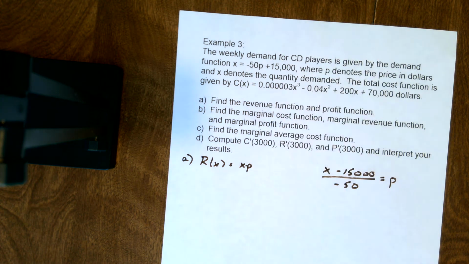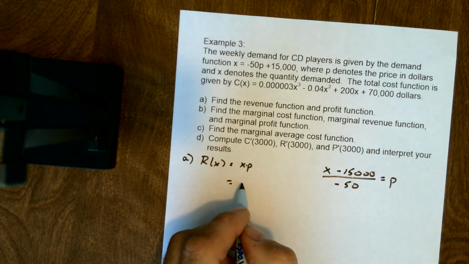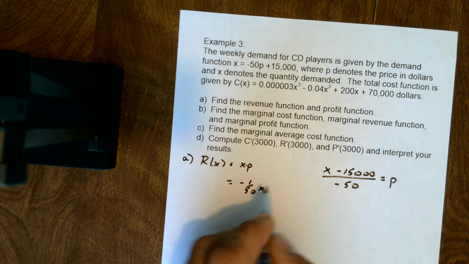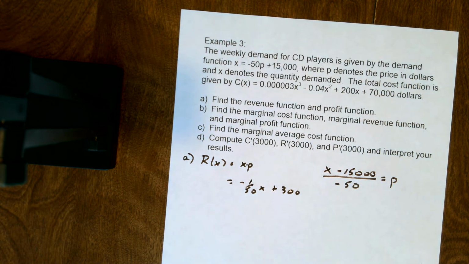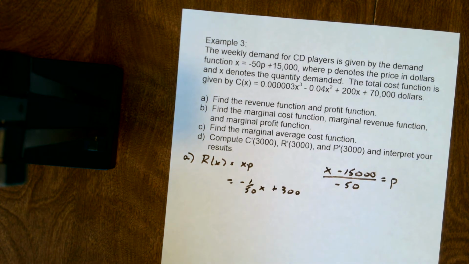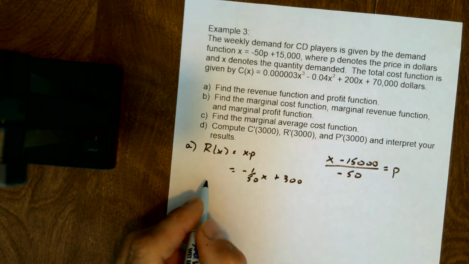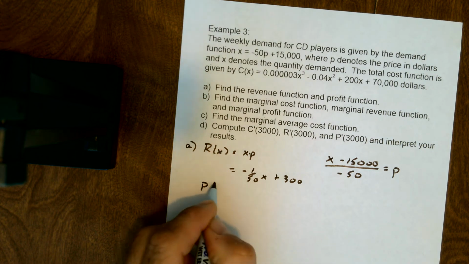And that's going to be my p-value. What you can do, if you want, is simplify that or break it up so that we have negative 1/50th x plus 300. Kind of a little nicer looking, I think, than working with the uglier fraction. So that gives us our revenue function.